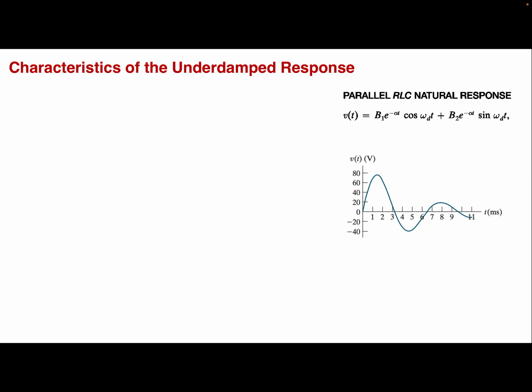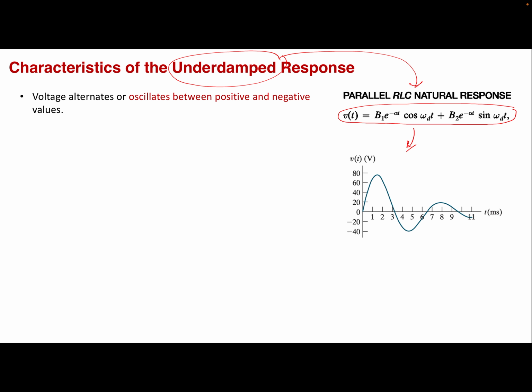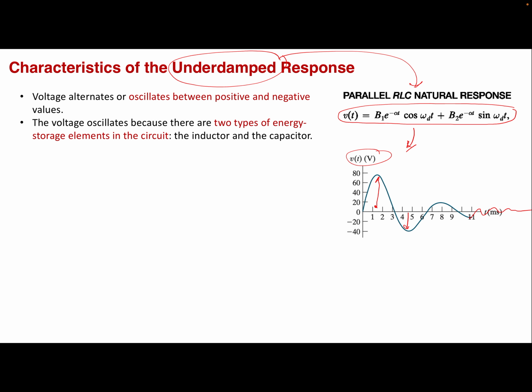So here are a few other comments on the characteristics of this oscillation. And this, again, was our parallel RLC natural response in case of an underdamped response. So this equation is valid for the underdamped response, and here's the oscillatory behavior. Some of the comments that we already looked at: the first one, as I mentioned, is that the voltage over here oscillates between positive and negative across the final value.